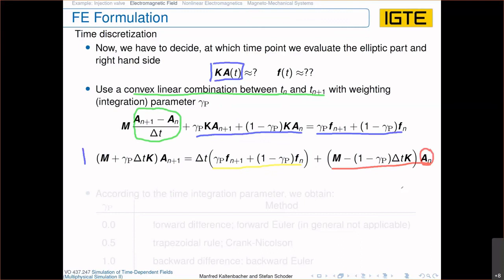And if it is the first time step, then this A_n would be the initial condition, which we also have to provide to get a correct solution in time.